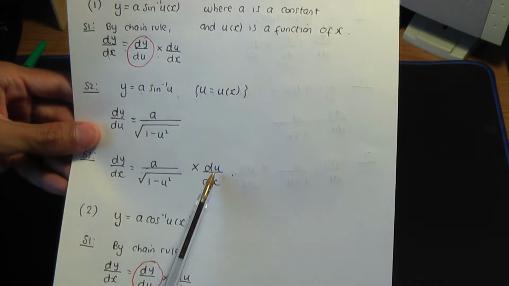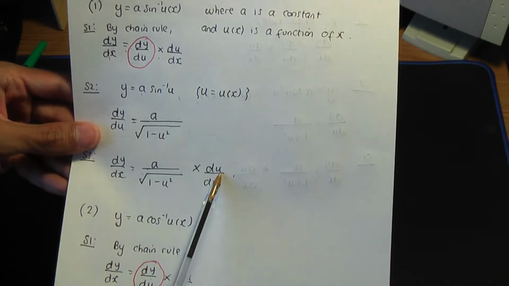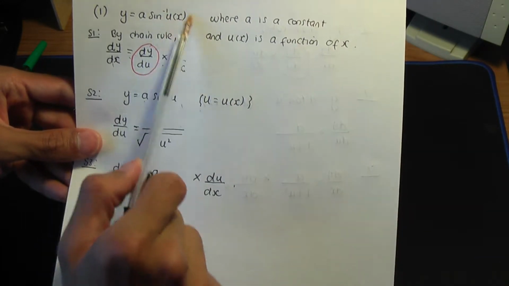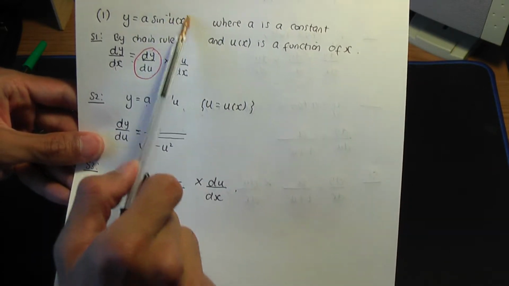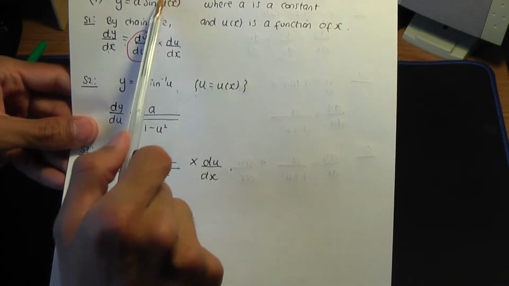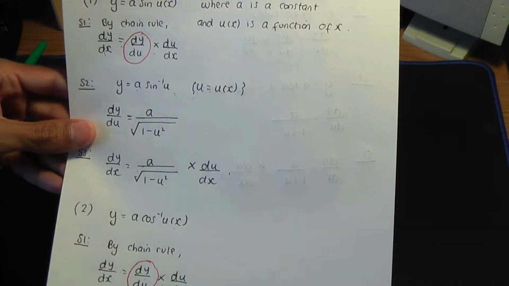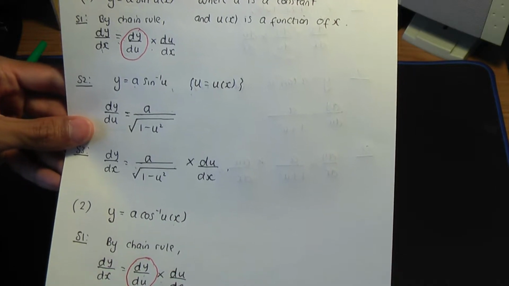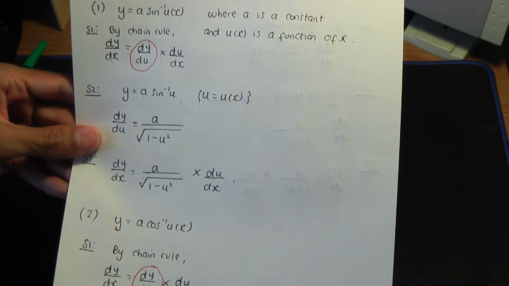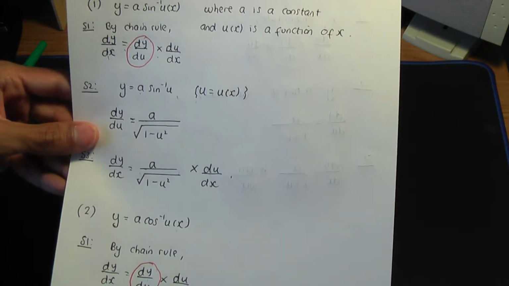In other words, d by dx of the u term, and the u term comes from the term inside the inverse trigonometric function. So for all of these results, u is this term that appears as part of the inverse trigonometric function. We only do this if a is a constant. If a is a function of x, it's either product or quotient rule.